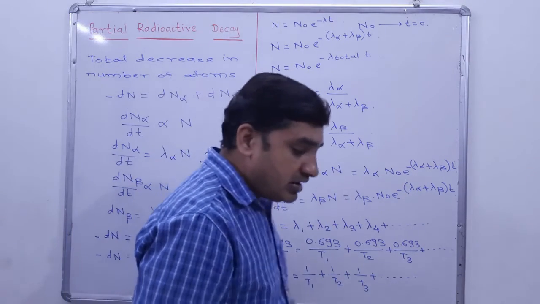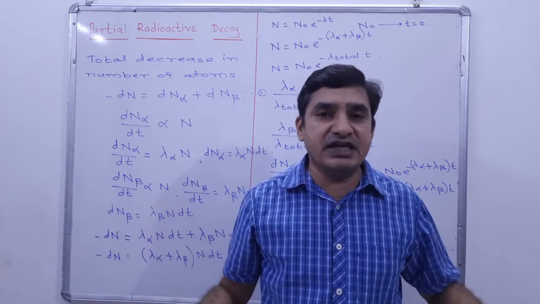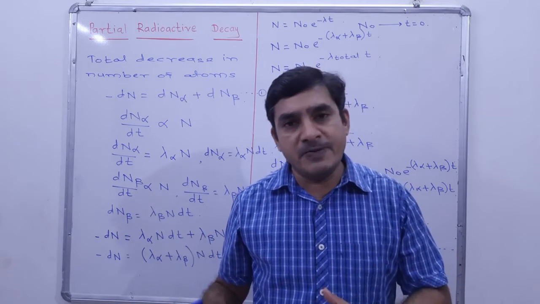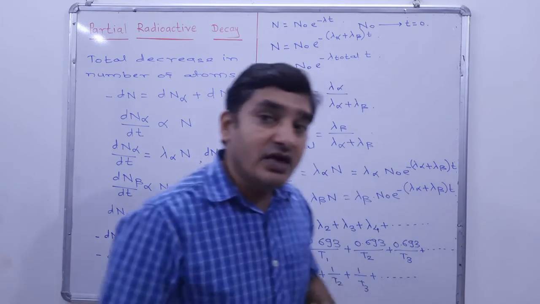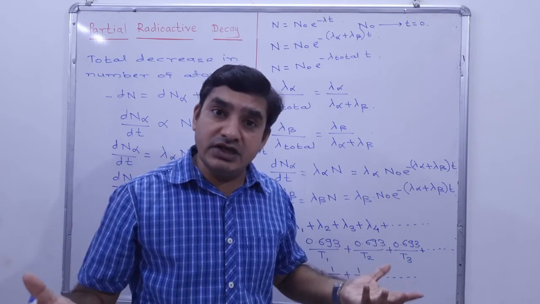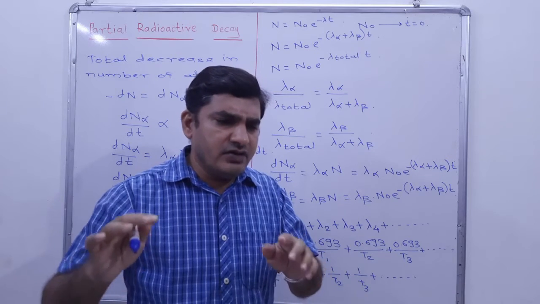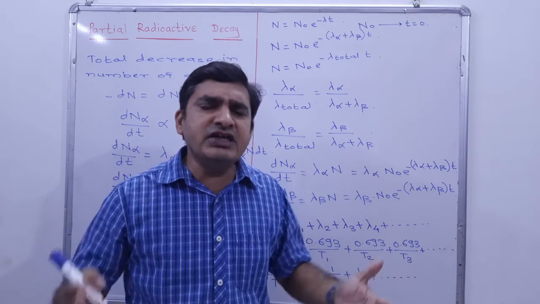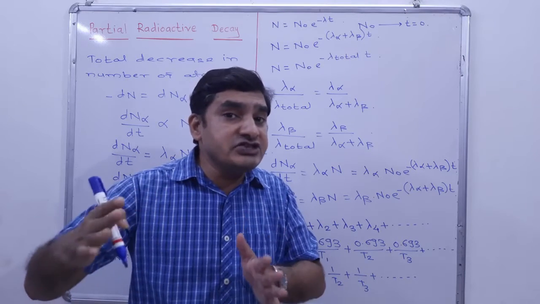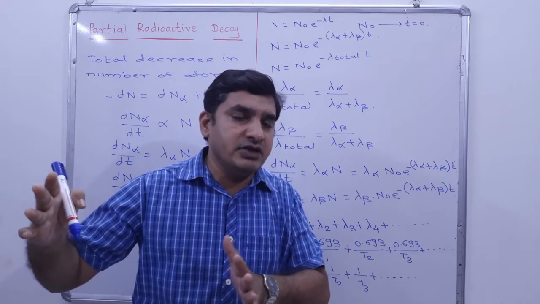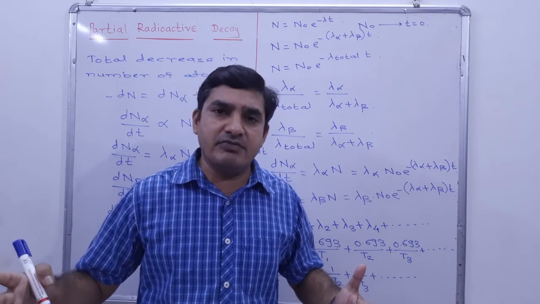Where T1, T2, T3 represent the half-lives for partial radioactive decay. When there is a disintegration of alpha particles, the alpha particle can be disintegrated at a particular time, and the beta particle can be disintegrated at a particular time.